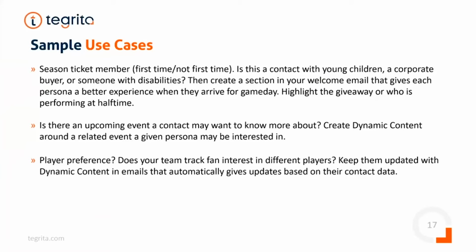And that's just a really simple set of rules, depending on how many players you have on the team. You just have a rule for each one of those players and put a little blurb update into the content section to throw in your email. Let's go to the next slide here.